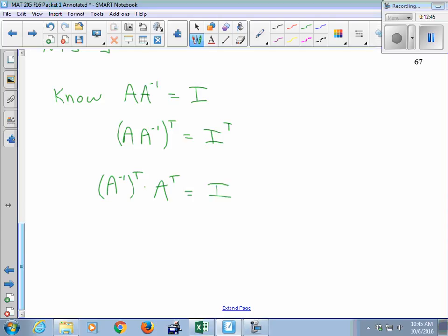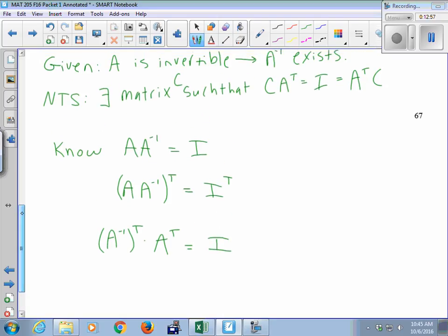All right, I'm done. Why am I done? I proved it. Let's go back up and look at our goal, right? Our goal was to find some matrix that I could multiply by A transpose and get the identity. Have I found a matrix that I can multiply by A transpose and get the identity?